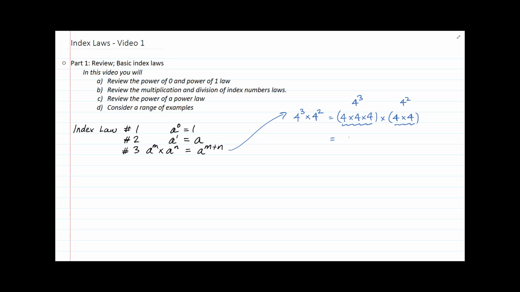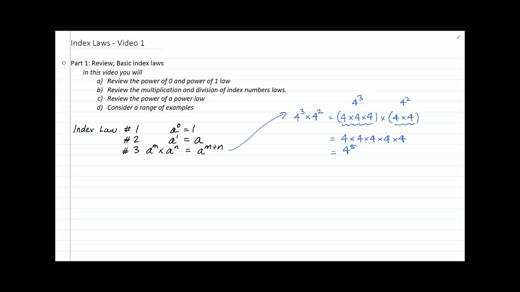But when I expand the brackets and put it all together, I end up with 4 times 4 times 4 times 4 times 4, and that of course gives me 4 to the power of 5. So you can see here that adding the 3 and the 2 is a shorter way of recognising this expansion of 4 to the power of 3 times 4 to the power of 2, which is not so bad.